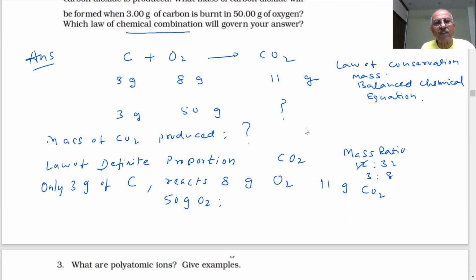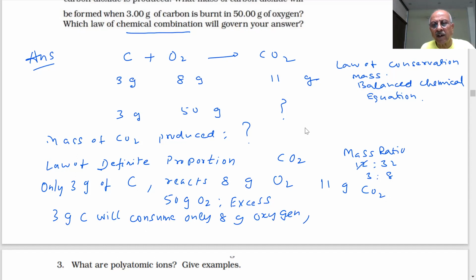Oxygen is in excess. 3 gram of carbon will consume only how much? 8 gram of oxygen, and you will get 11 gram CO2.